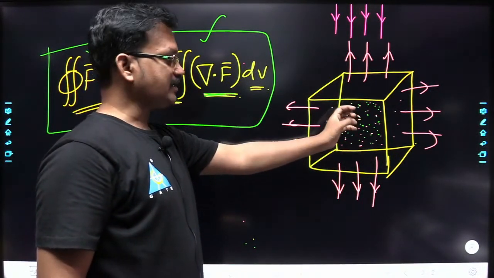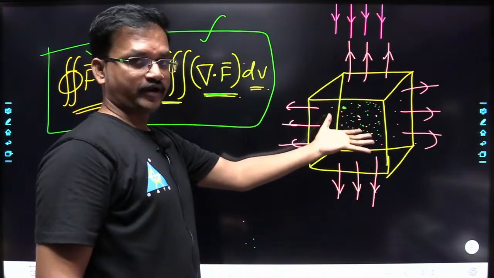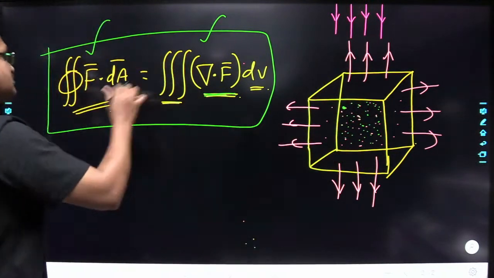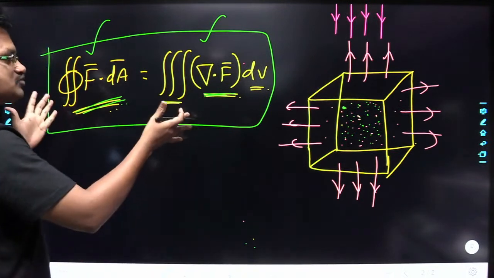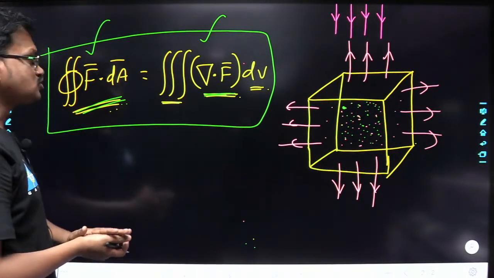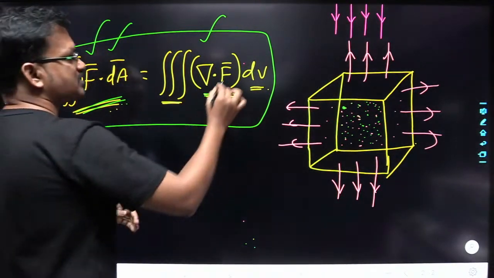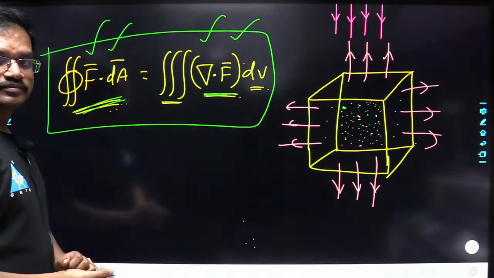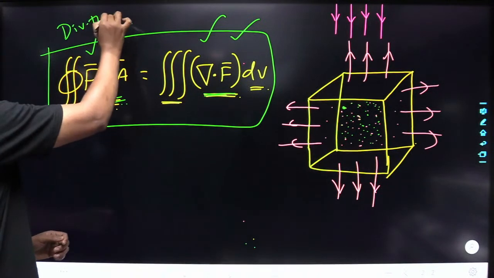At each and every point you are calculating the field that is leaving that point, so if you add up all those, you get the flux leaving the closed surface. This is called the divergence theorem. So you can represent the flux leaving any closed surface in this manner, or in this manner also. This is nothing but the divergence theorem.